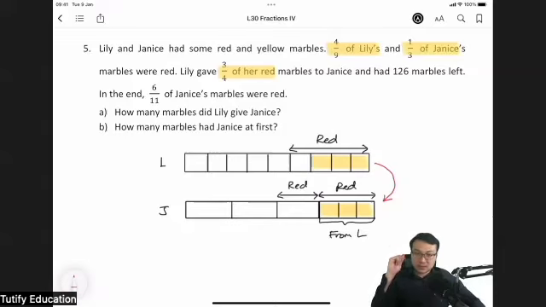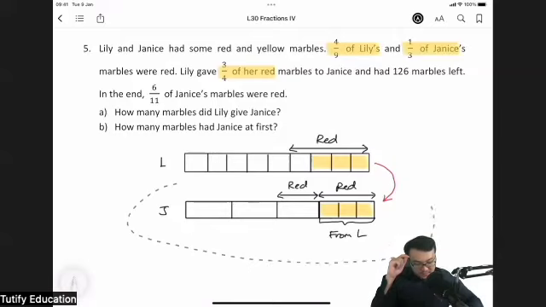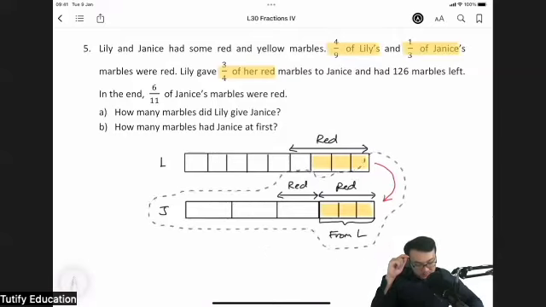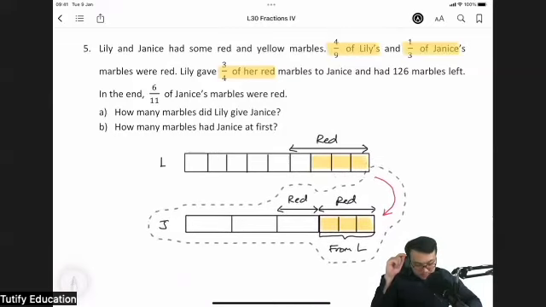So next, the question says that Lily gave 3/4 and has 126 marbles left. Nin, can you tell me how many units 126 represents? 6 units is 126 marbles.